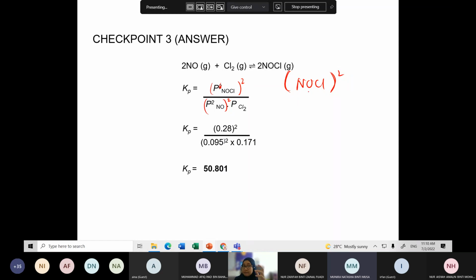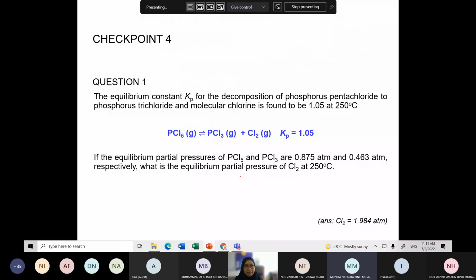Mass, volume, pressure, concentration, apa? So that's why you have to have P. Tapi concentration is not a problem because bila dia square, it shows that it is concentration. Tapi concentration siapa? NOCl, for example. So this is the final value of Kp. Don't bother to write any units for Kp and Kc. Okay, guys? That is checkpoint 3.